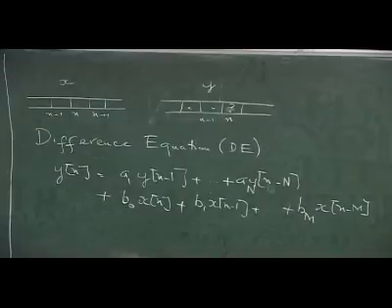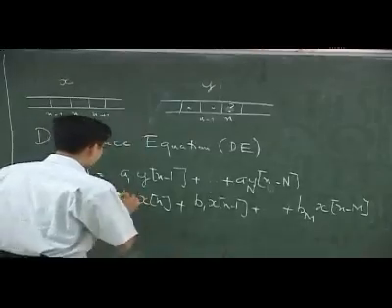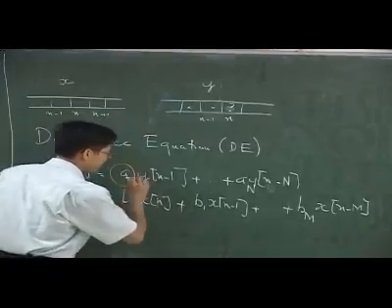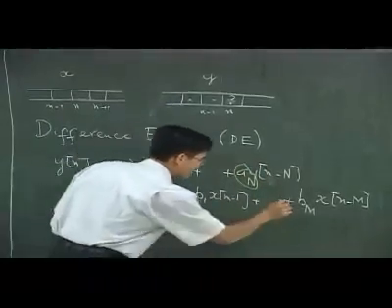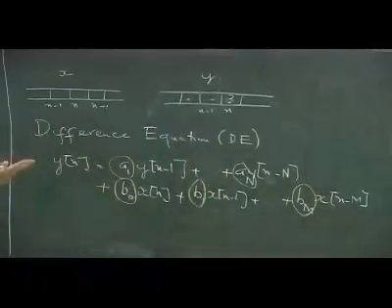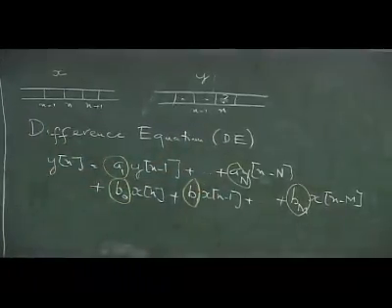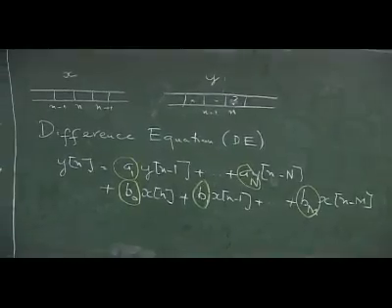Or any circuit. So the key question we need to understand is, how should I find these numbers? By playing around with these numbers, I will have different difference equations, giving me different systems, right?